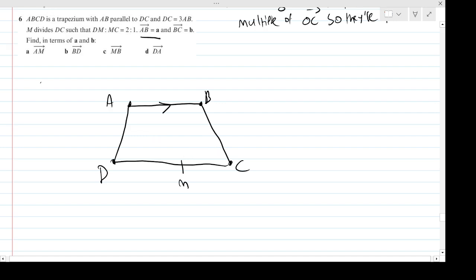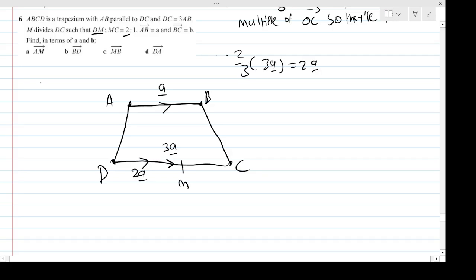We are also given that AB is a. Now actually, we know AB is a and DC is 3 lots of AB. So overall, D to C has to be 3a. And furthermore, I know that DM, like I said, is 2/3 of the whole line DC. So DM would be 2a, because DC is 3a, so 2/3 of 3a is indeed just 2a.